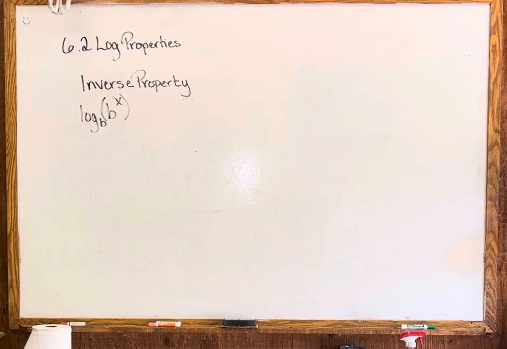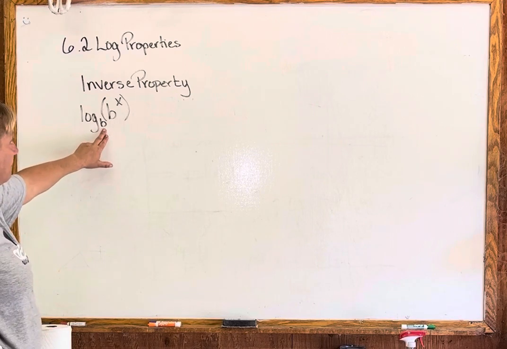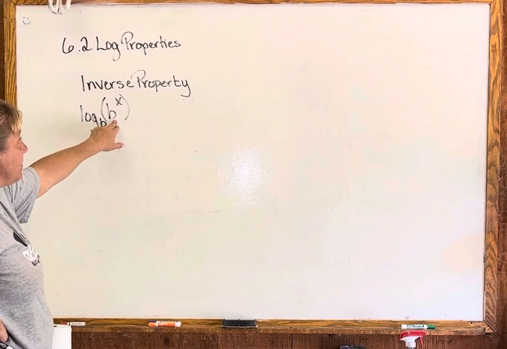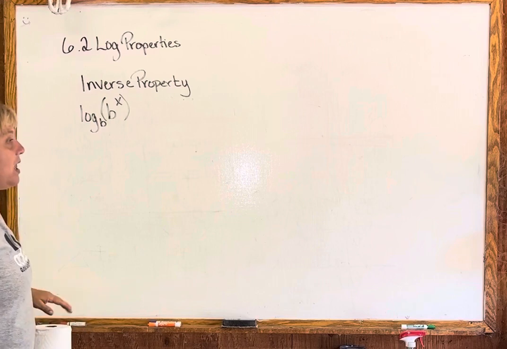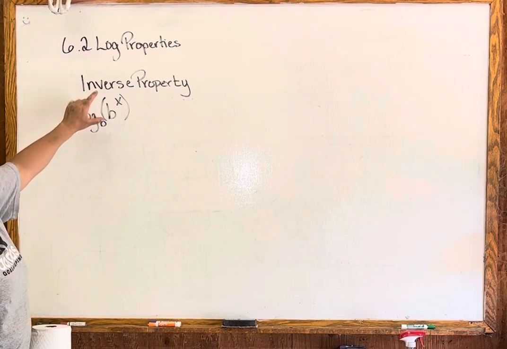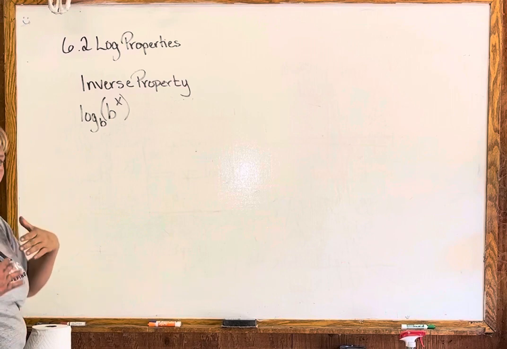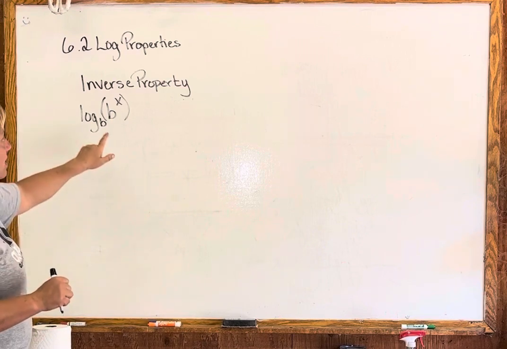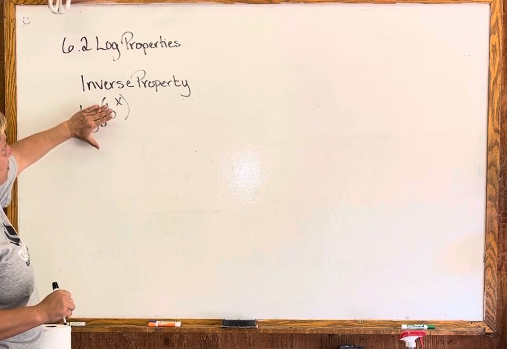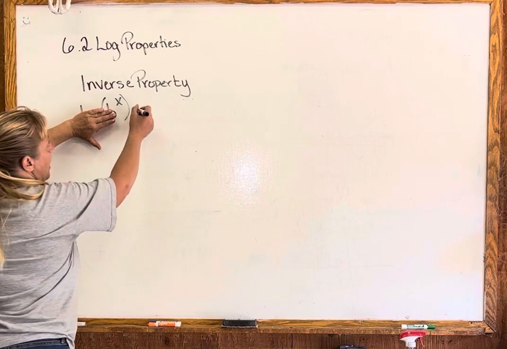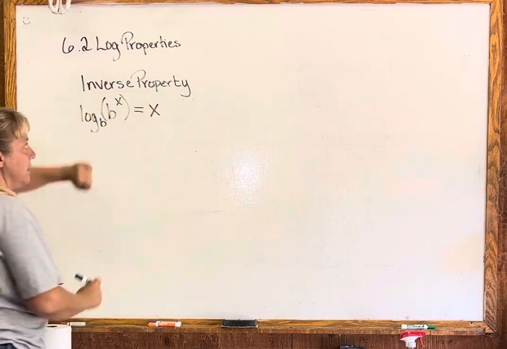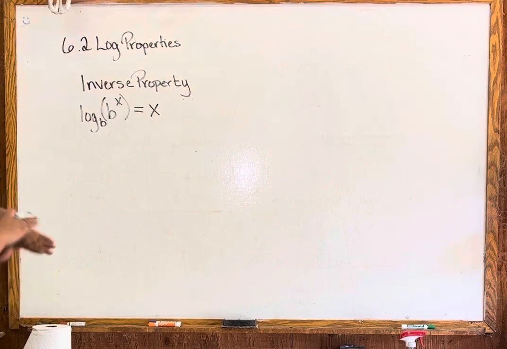So let's say that you have a log, whatever the base might be, b, and then inside of it you have another b and then to whatever exponent. Now the thing with this is to remember that inverses undo each other. So if one goes forward, the other one goes backwards. So if you've got matchy-matchy, that's going to cancel itself out, and the only thing that's going to be left is that exponent. And now it's back down on base level. So the only thing you're going to have there is x. So the inverse property allows us to cancel out the log and simplifying things a lot.